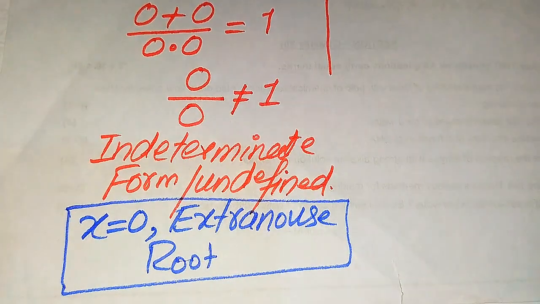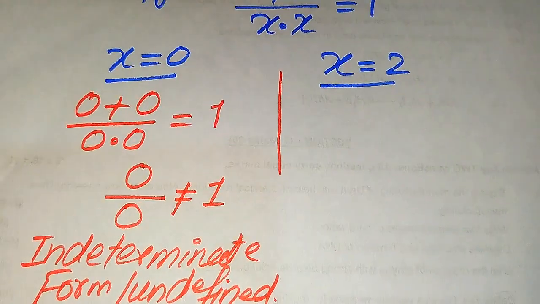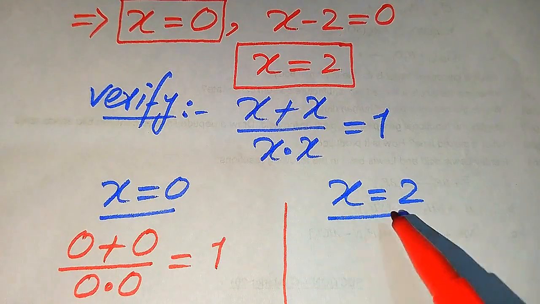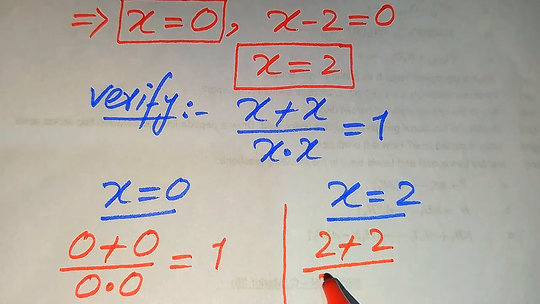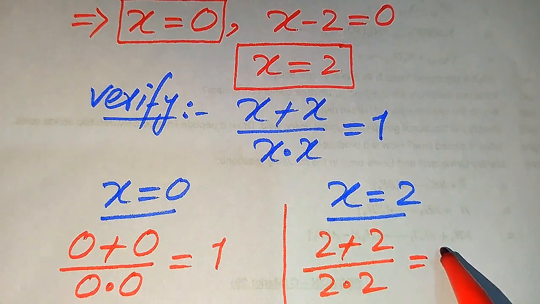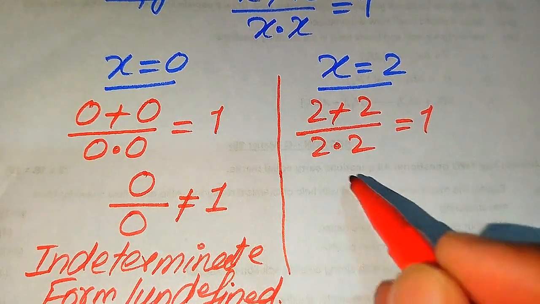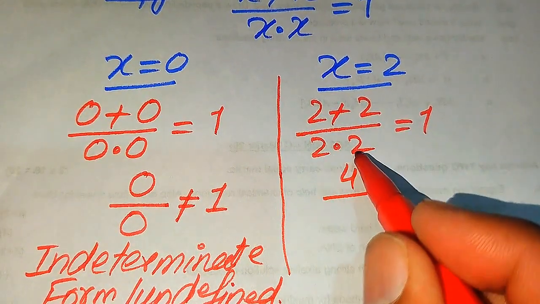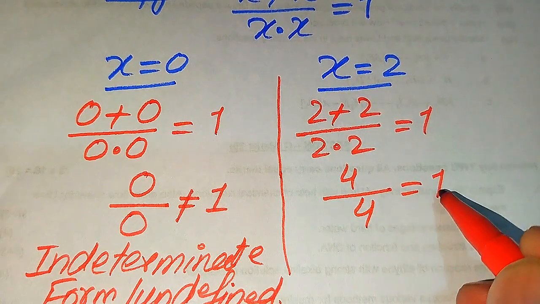Further we move towards our second root of the given equation. We put this value into the left hand side, and it becomes 2 plus 2 divided by 2 multiplied by 2 is equal to 1. 2 plus 2 becomes 4, divided by 2 times 2, which also becomes 4, is equal to 1.